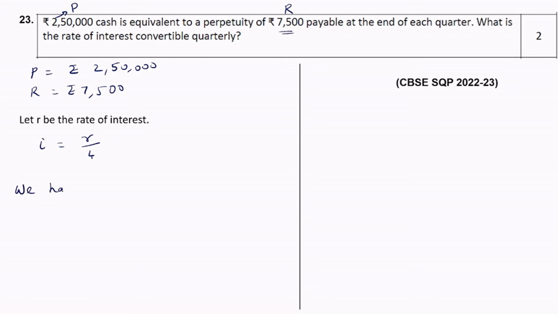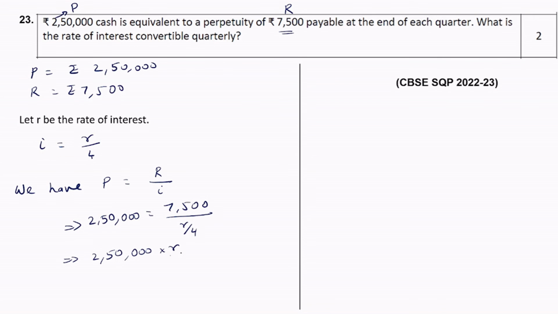So I is R by 4. We have the present value of perpetuity P equal to R by I. This implies 2,50,000 equal to 7,500 upon R by 4. Or if we cross multiply, 2,50,000 into R by 4 equal to 7,500. Here 2 zeros will go.